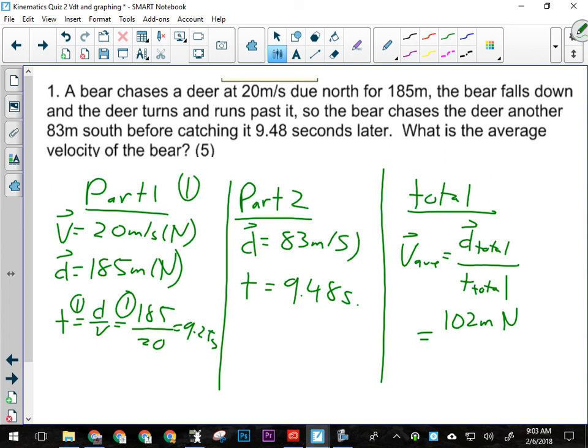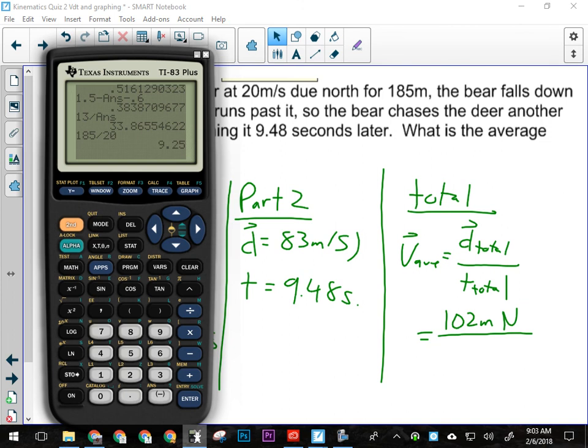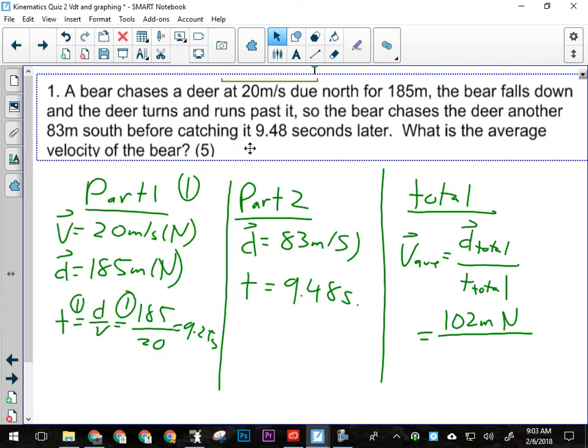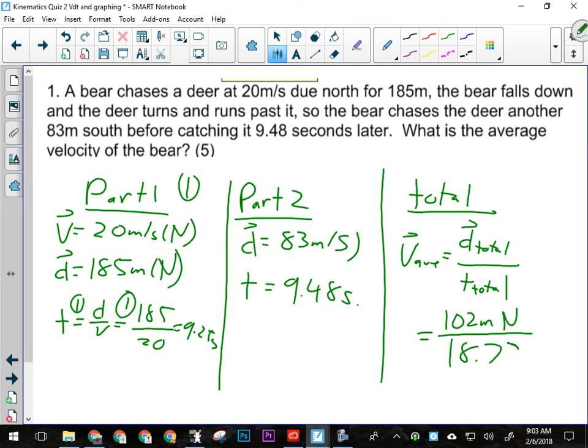Now, on this end here, we're going to have that v equals total displacement, so we're up to 3 marks here, over total time, so that's going to be 9.25 plus 9.48 for 18.73 seconds. Give them a mark if they've got that, because that's their final calculation.